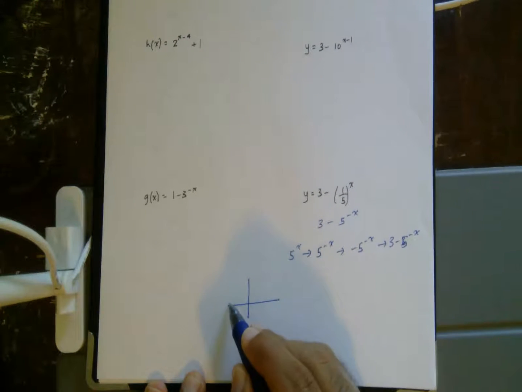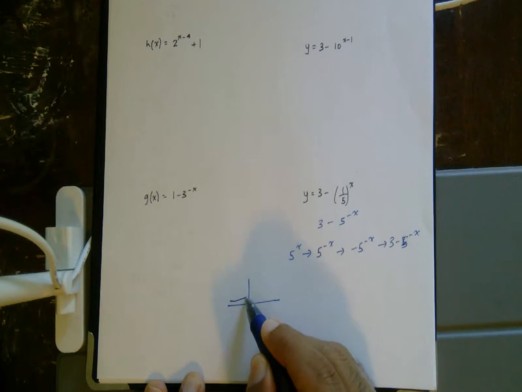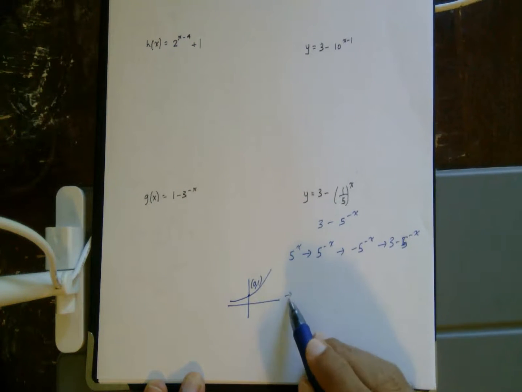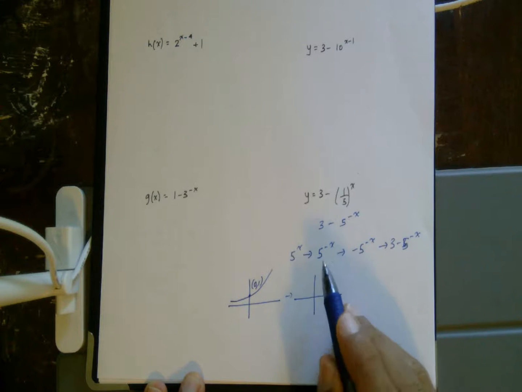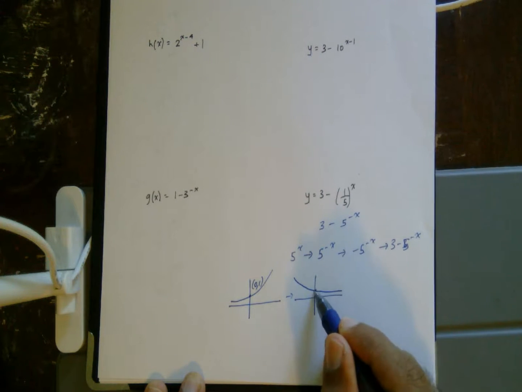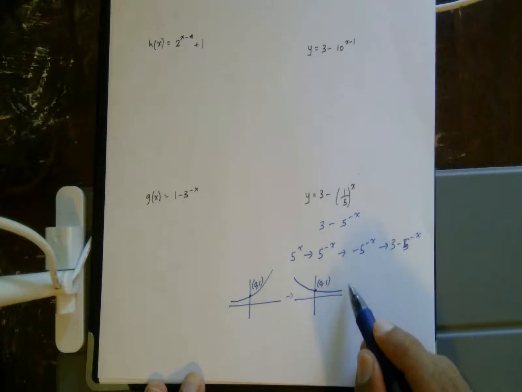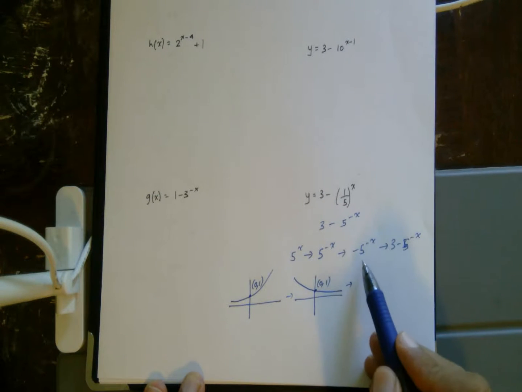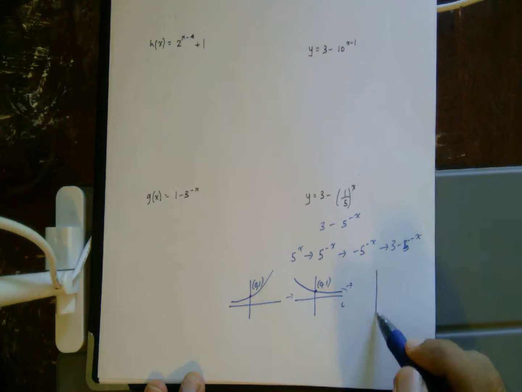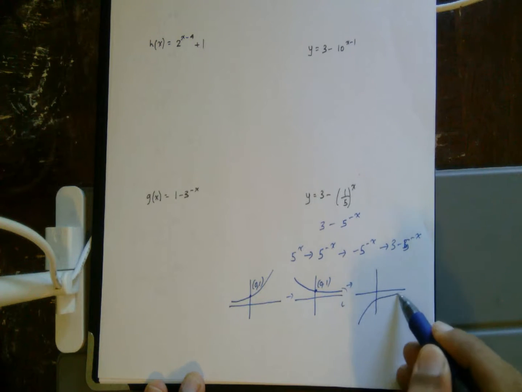5^x looks like that, and that point is (0, 1). And we've seen that changing x to negative x is reflection along the y-axis. So that's what we're going to get, still (0, 1). Now changing y to negative y is reflection along the x-axis. So that's going to make all of this negative.